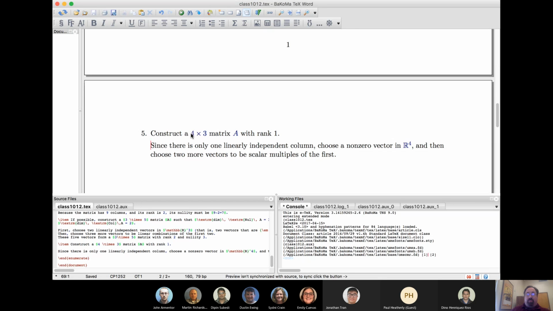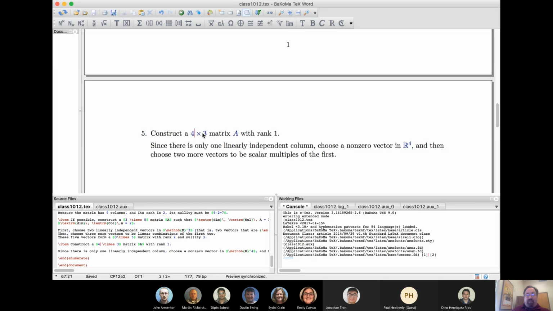And each column has to be in R4 because that's the number of rows. So you make one non-zero vector, any non-zero vector, to be your one linearly independent column, and then you just take multiples of it. You multiply them by any scalars you like: 1, -1, 2, pi, anything you want.